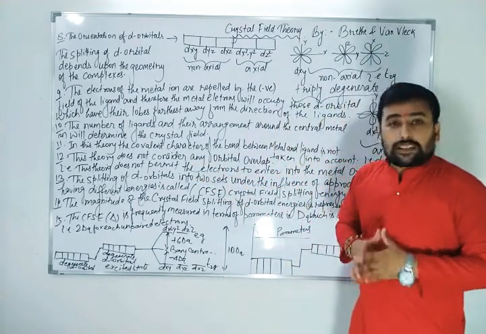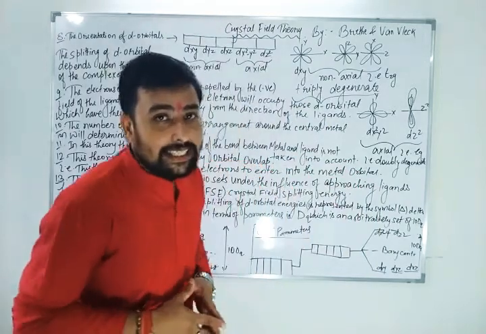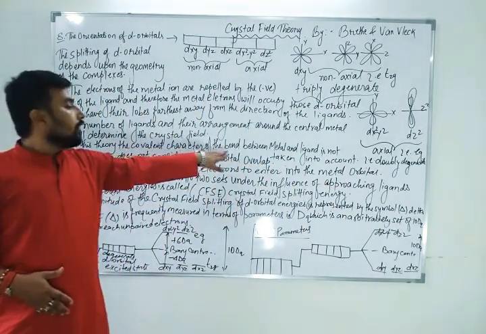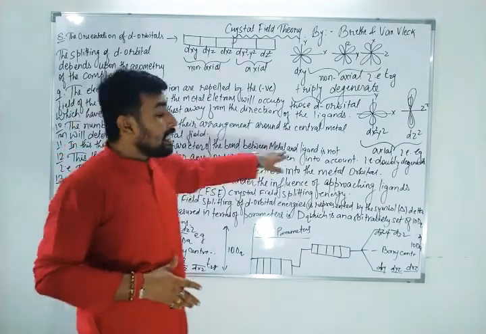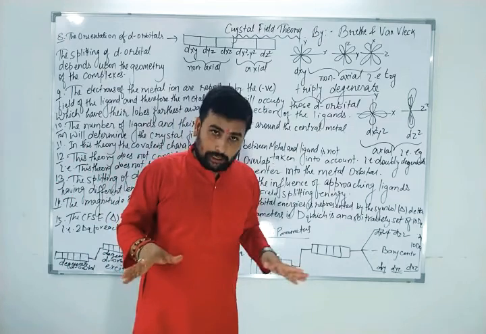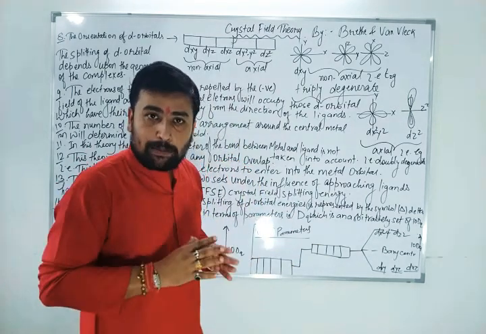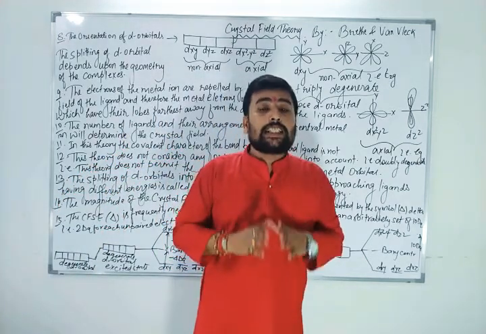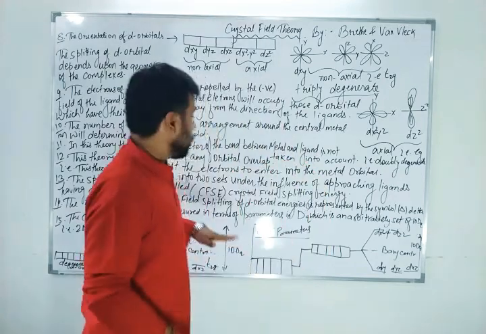Next, in this theory the covalent character is not taken into account. The bond between the metal and ligand is not treated as covalent at all. This crystal field theory is especially for ionic character, as I have already told you.